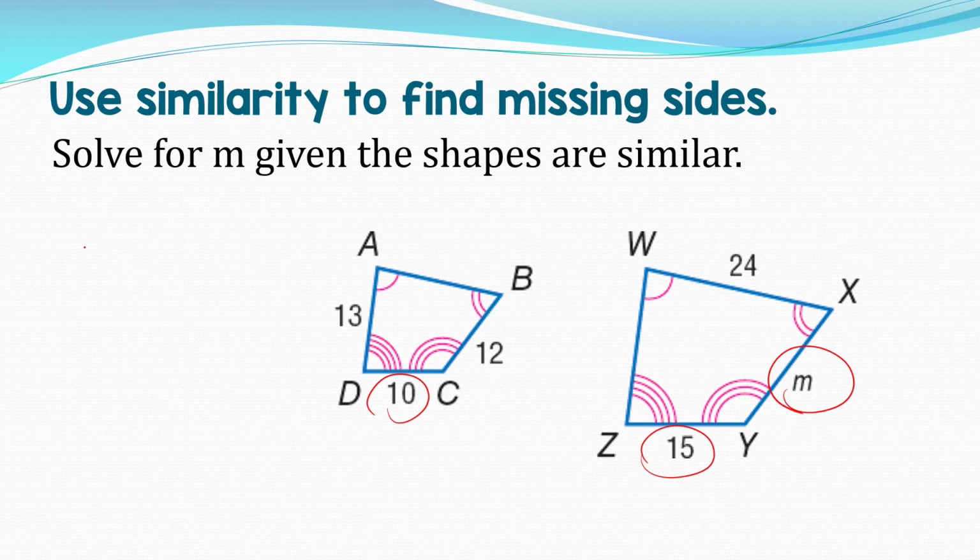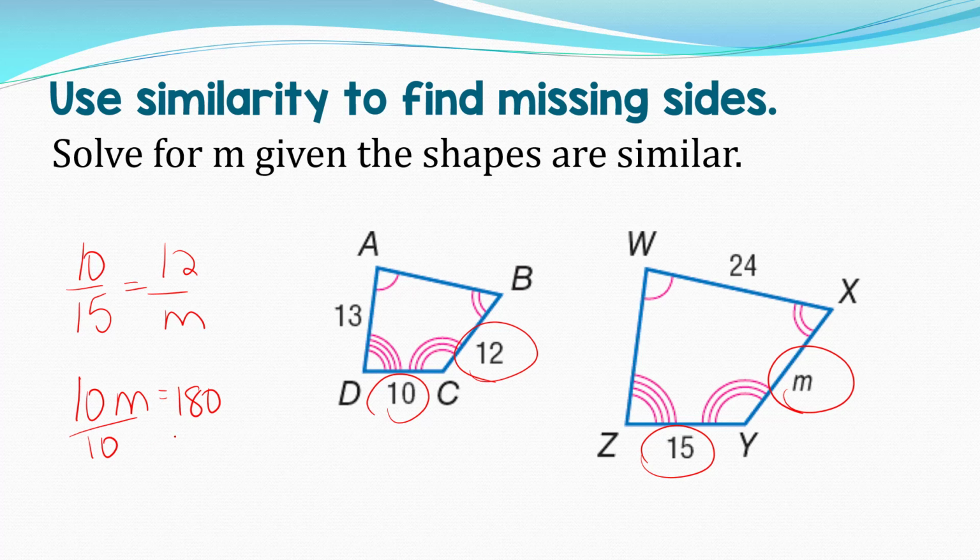All right, so 10 to 15 should be proportionate to 12 to m if these are similar. Then I can solve for that. Is 180. So divide by 10 and I get 18. So that means this side would have to be 18.